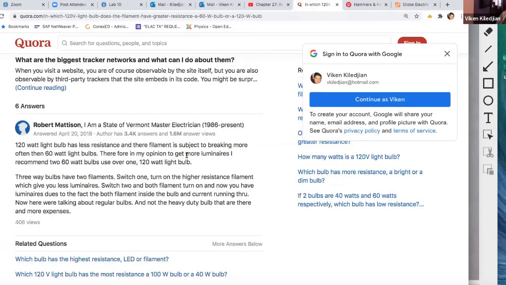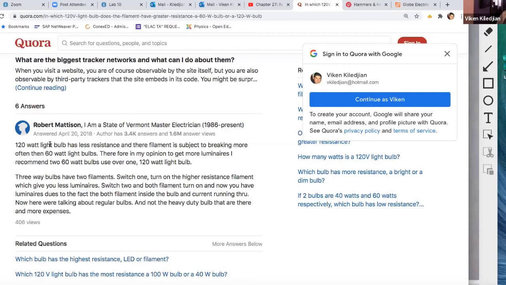Therefore, in my opinion, to get more luminaries, I recommend two 60 watt bulbs over one. Oh, okay. 3-way bulbs have 2 filaments. Switch one turns on the higher resistance filament, which gives you less luminaries.